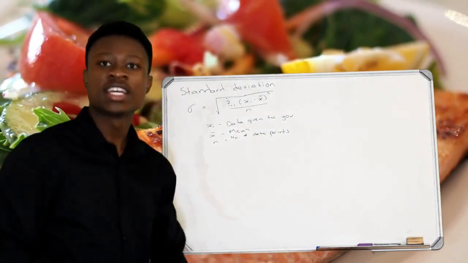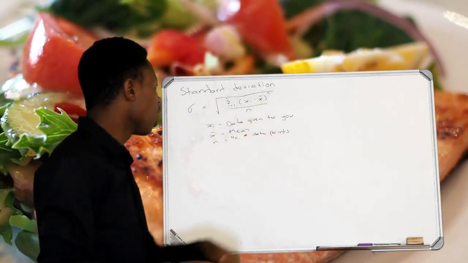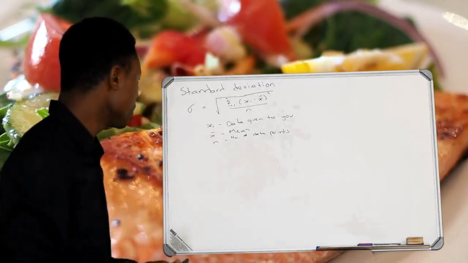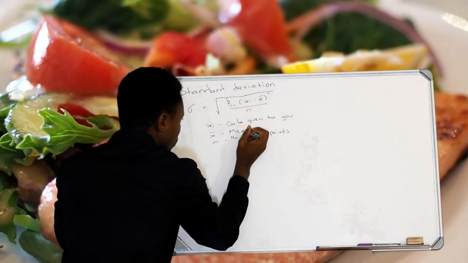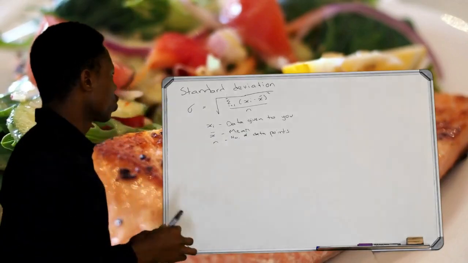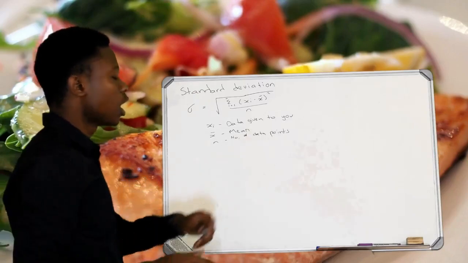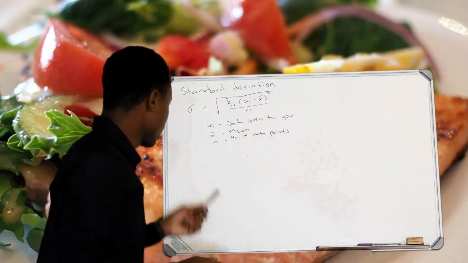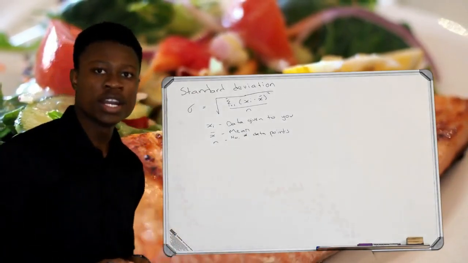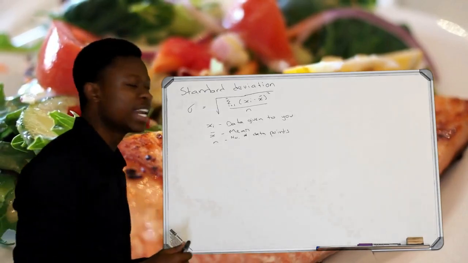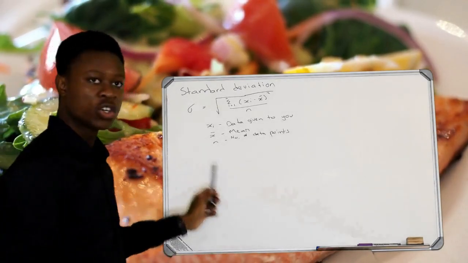That's the data that is given to you, right? x bar is the mean. So this is our formula. n is the number of data points, number of people, number of tests, whatever that is. That's basically it on standard deviation. But again, you can use your calculator.